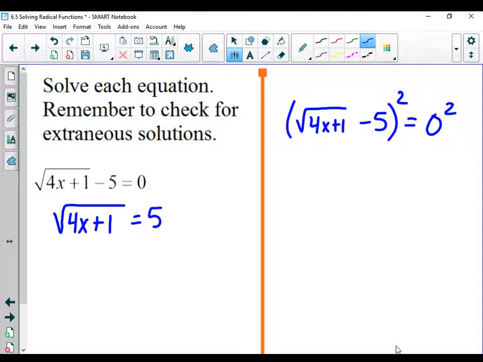And what I mean by that is you'd probably say, oh, the square root disappeared, and then 5 squared is 25. Cool, I'm done. Okay? But if you did it this way, you would have to write this out twice.